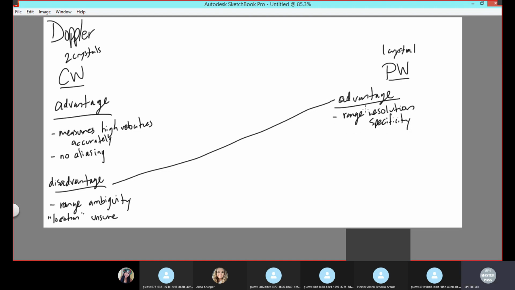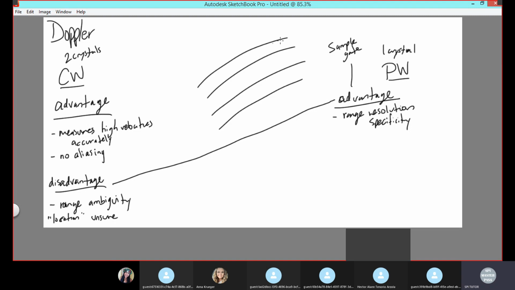And how do we achieve that? Sample gate. That's how we achieve it. Because now if I have two vessels and I run a pulse wave through them, guess what I have now? A sample gate. And the only thing I'm going to see is whatever runs through the sample gate.